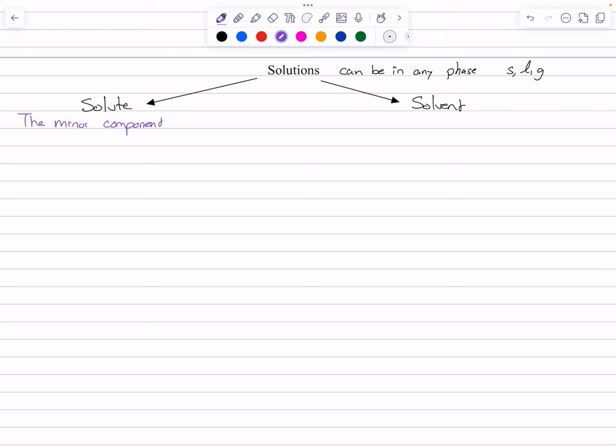All right? That's the species that is dissolved. That or what is dissolved. Where the solvent is the major component.